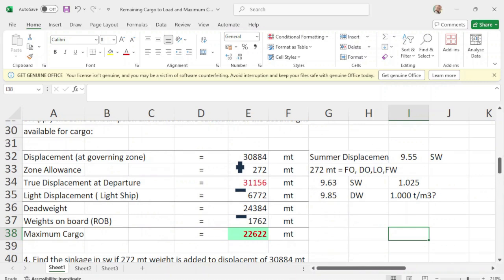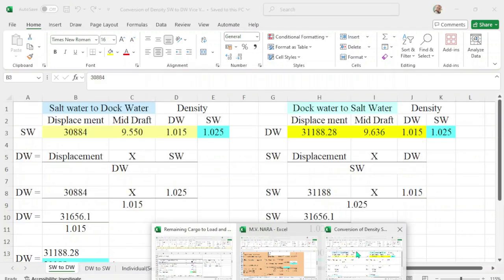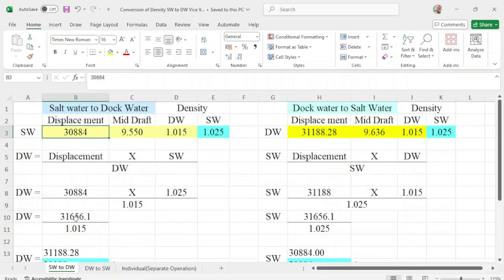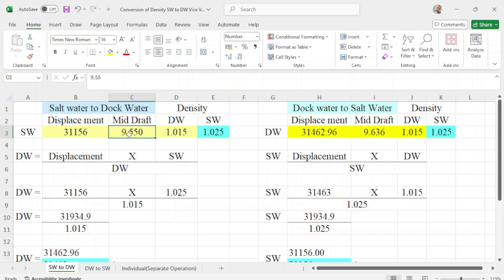So 31156, and the drop was 9.63, and the local density at berth was 1.000. Okay, what will be the dock water or brackish water drop when floating in a density of 1.000 tons per cubic meter?